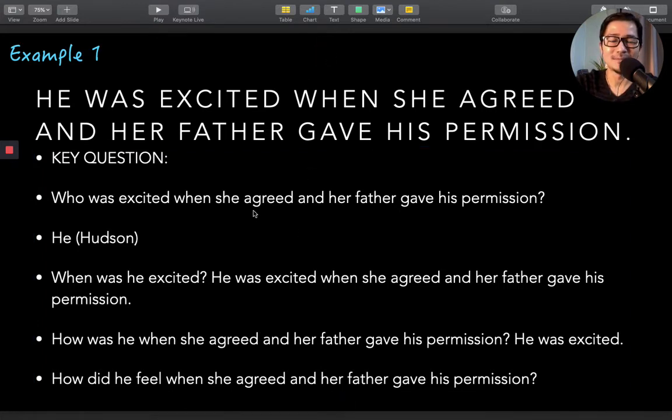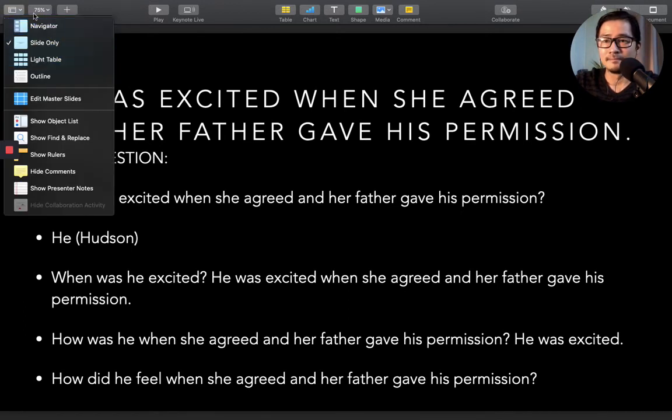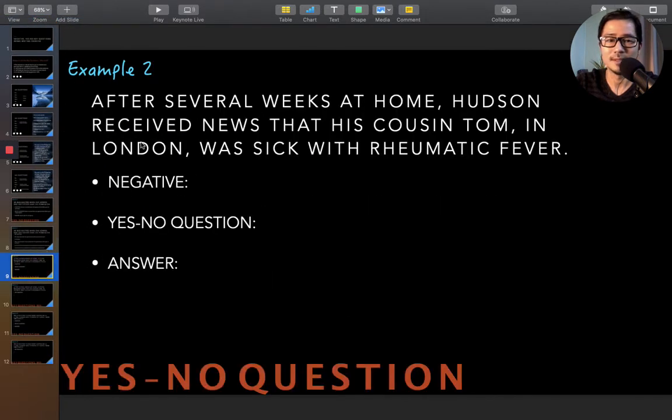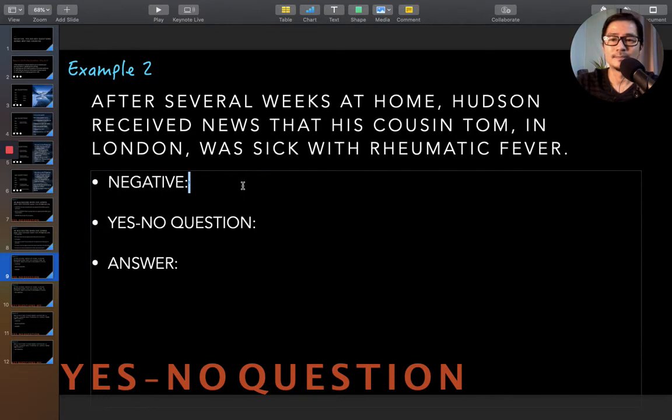Okay, now let's move on to the next one. After several weeks at home, Hudson received news that his cousin Tom in London was sick with rheumatic fever.